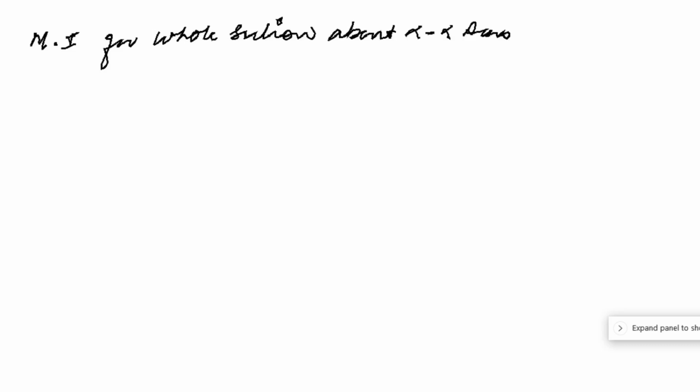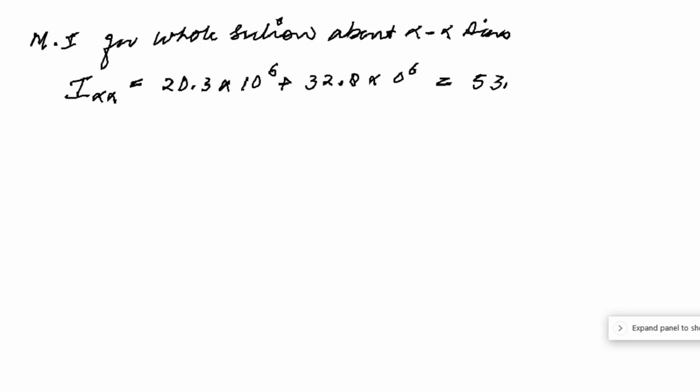Ixx will be equal to 20.3 into 10 raised to the power of 6 plus 32.8 into 10 raised to the power of 6, that is equal to 53.125 into 10 raised to the power of 6 mm4. This is your answer for the moment of inertia about x-axis.